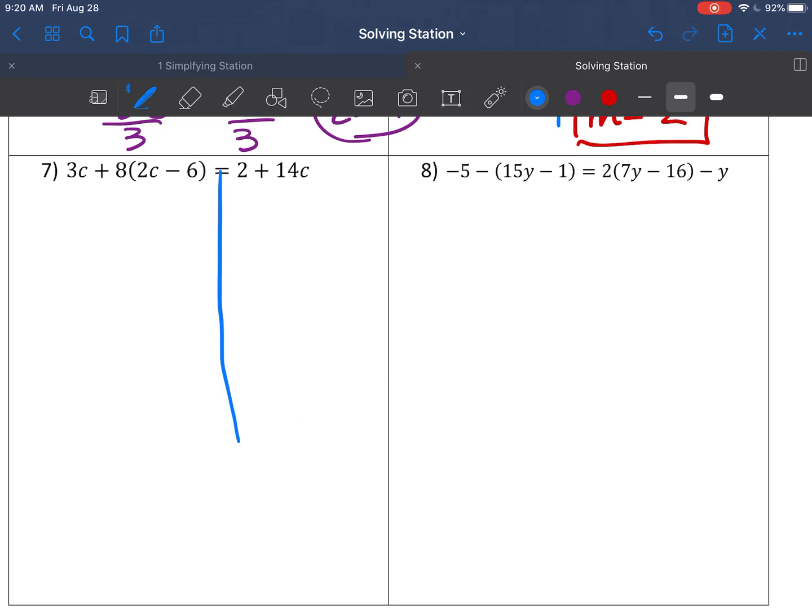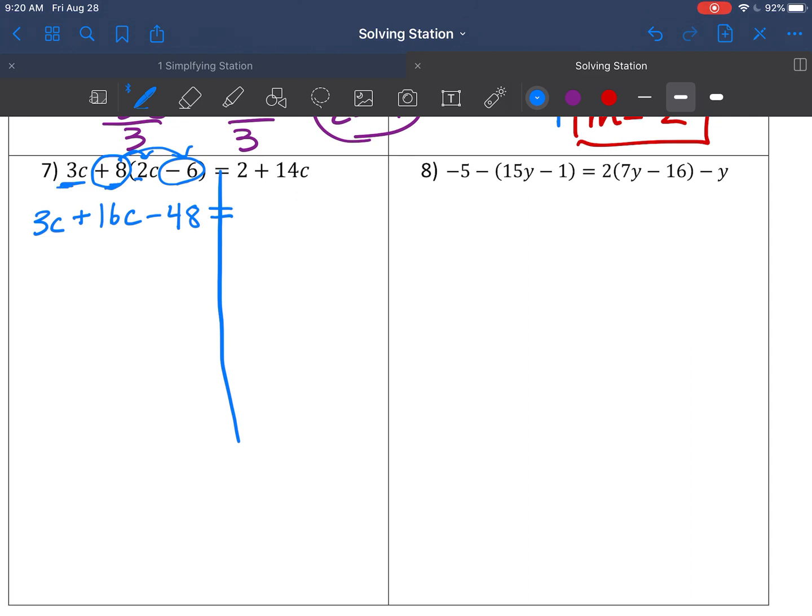And remember, we want to clean up each side of the equation first. And so just looking at this left-hand side, I see that I need to distribute this 8. So I have 3c that I have done nothing with, plus 8 times 2 is 16c. 8 times this negative 6 is negative 48.